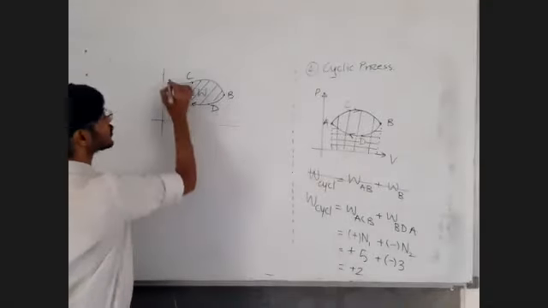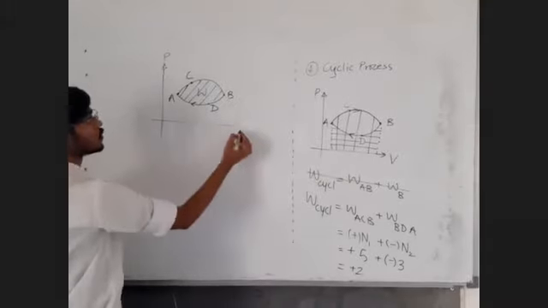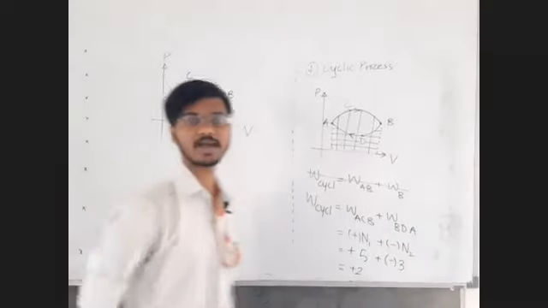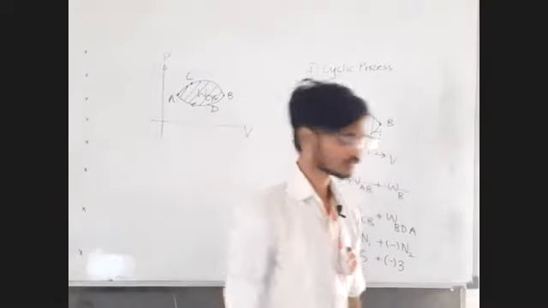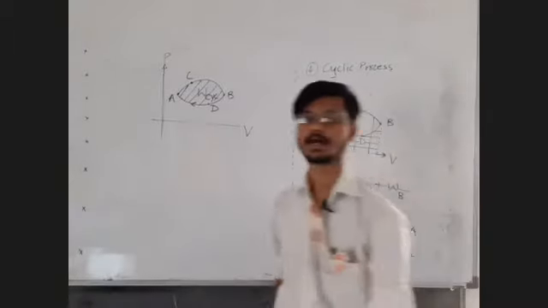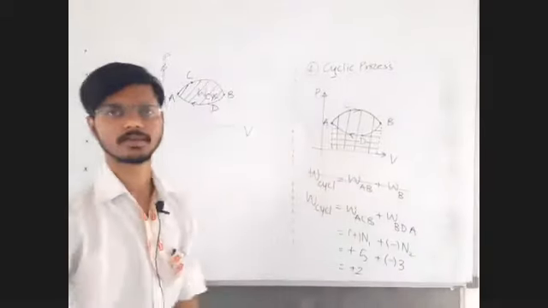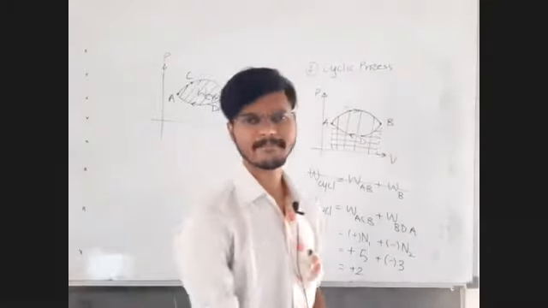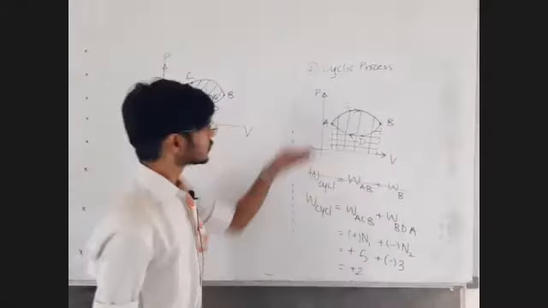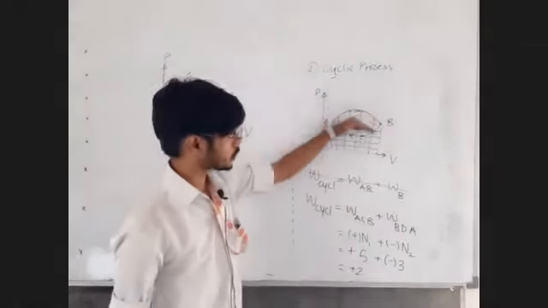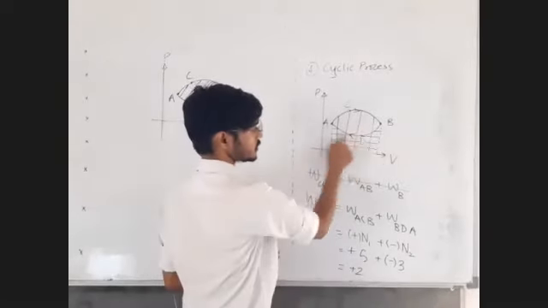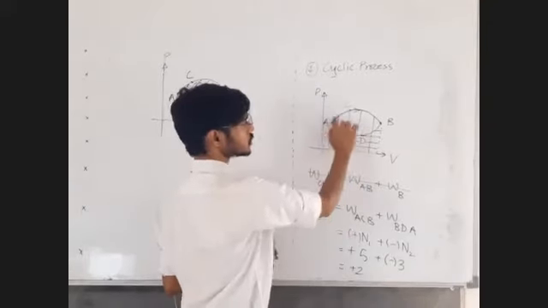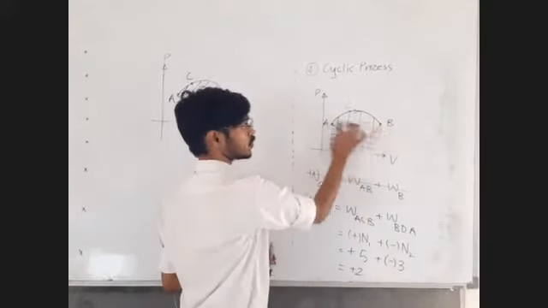Tell me yes or no. This is going to be work done in the cyclic process, the area enclosed inside the curve. This total, which was a positive number, plus this means actually minus, because it is a compression. So this total work done minus this work done, this will remain.